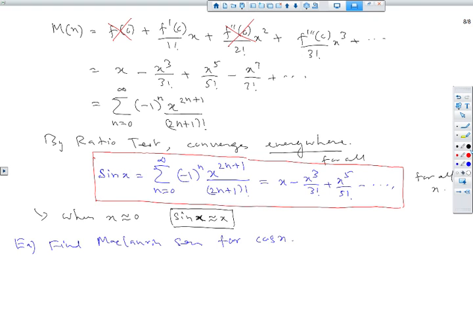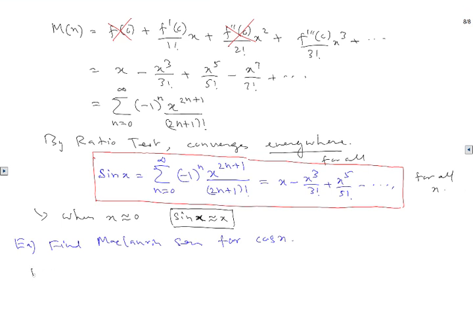Now we actually have a shortcut. We don't want to go the long way because we know that cosine is the derivative of sine. So note that cosine x is the derivative of sine x.